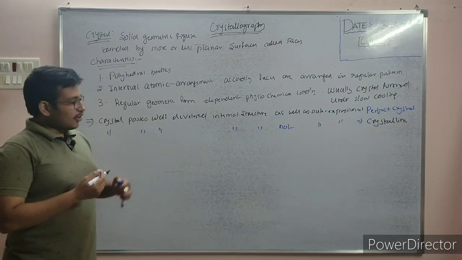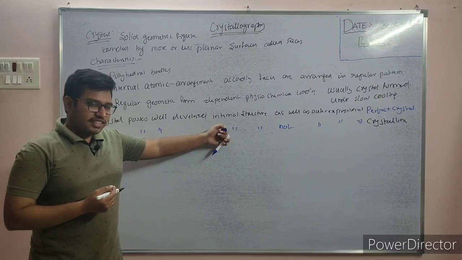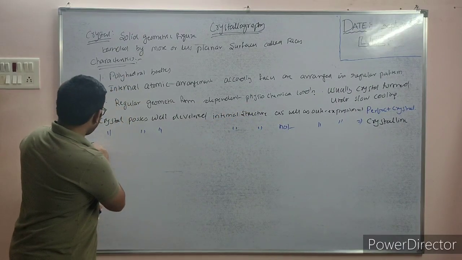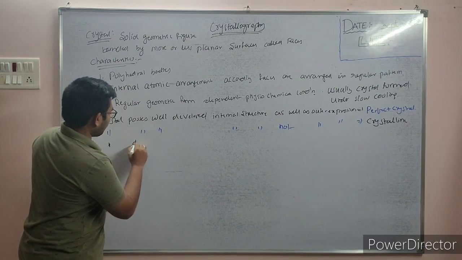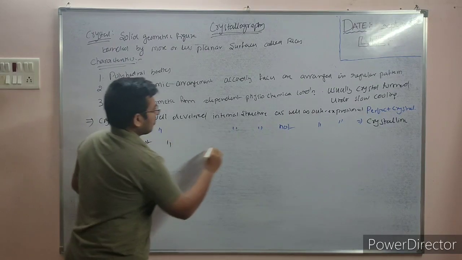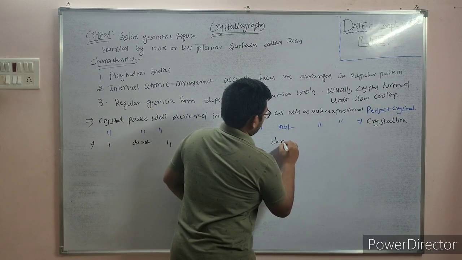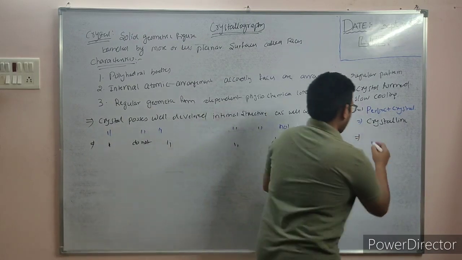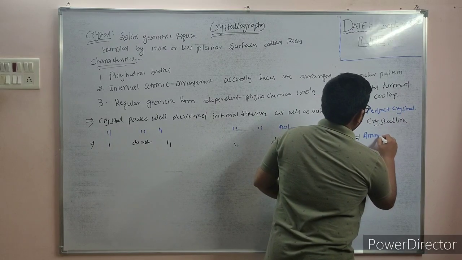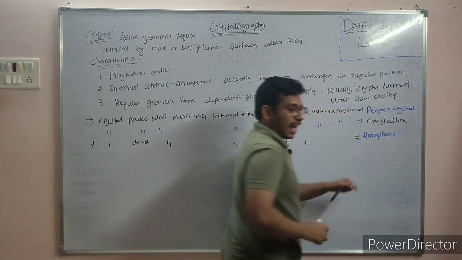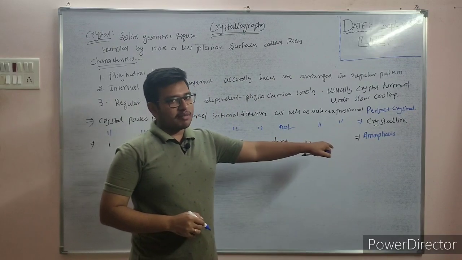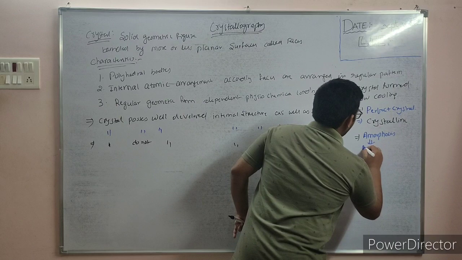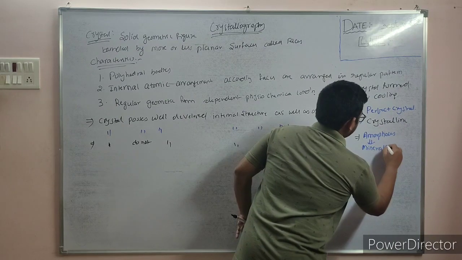If the crystals do not contain internal structure as well as outer expression, you call them amorphous. And naturally occurring amorphous substances you can call mineraloids.